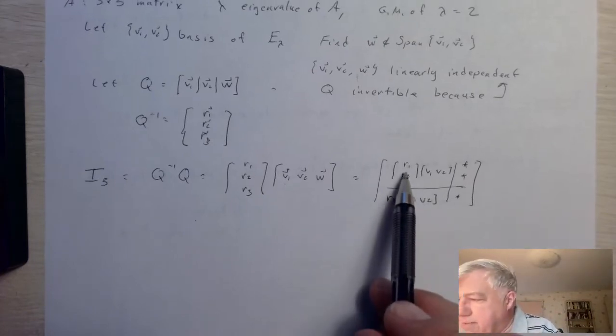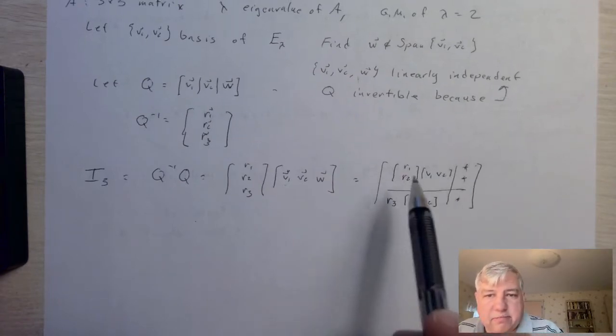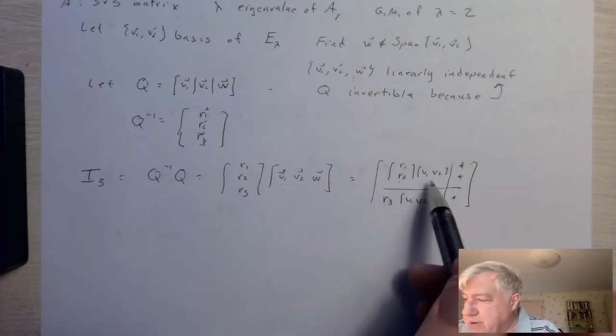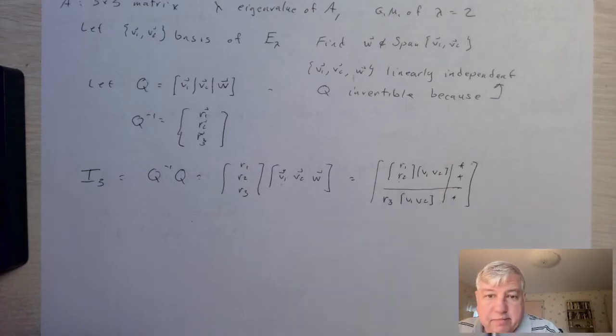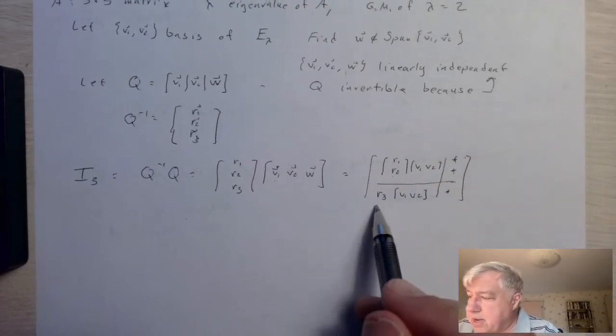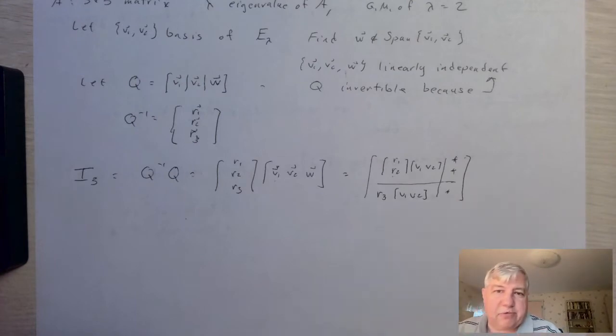Just keep in mind that R1 and R2 are not numbers, these are vectors. So this is actually a 2 by 2 matrix, and this is a 2 by 2 matrix, and we're multiplying them. This would be a 1 by 2 matrix, and this would be a 2 by 2 matrix. So the result is 1 by 2.